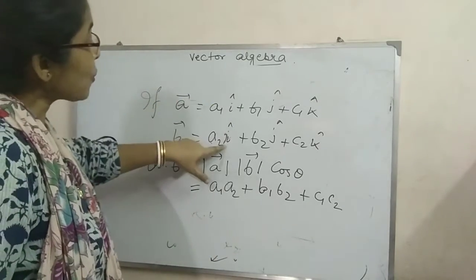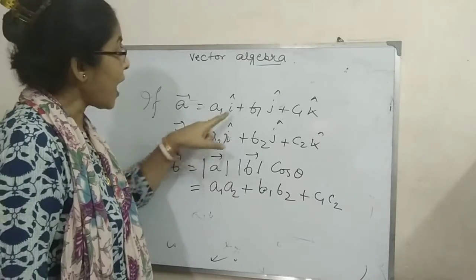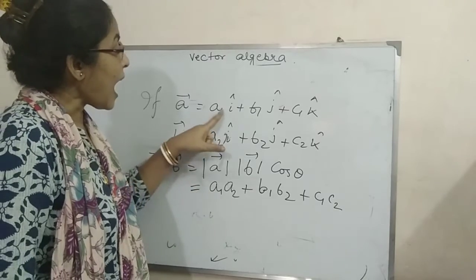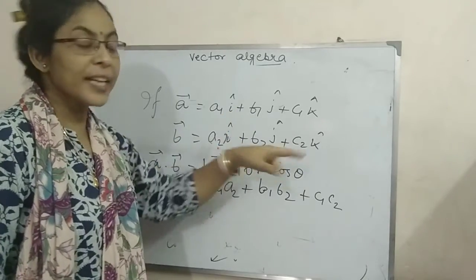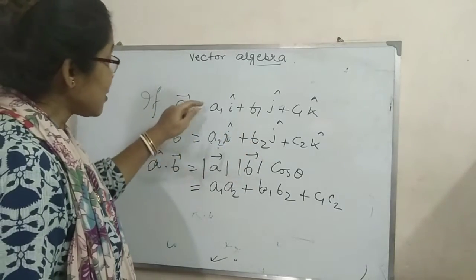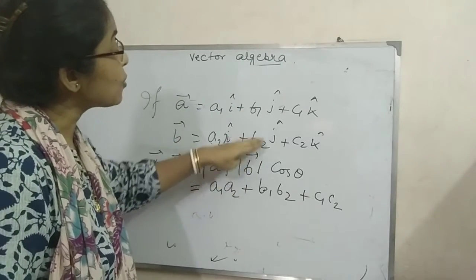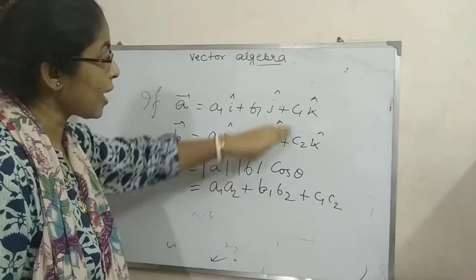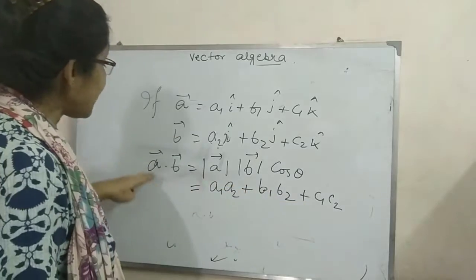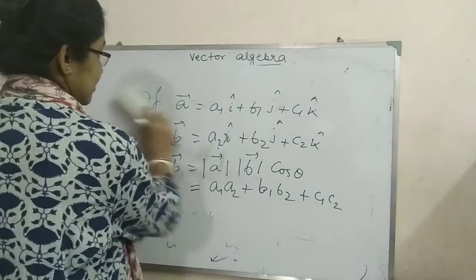Because if I multiply A dot B, then a1 a2 times i dot i, and i dot i equals 1, so I write a1 a2. i dot j equals 0 and i dot k equals 0, so both terms are removed. In a similar way, b1 b2 since j dot j equals 1, and k dot k equals 1, so I can write c1 c2. That means A dot B equals a1 a2 plus b1 b2 plus c1 c2.